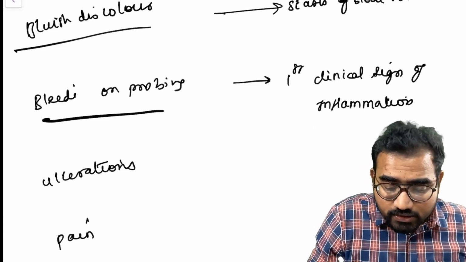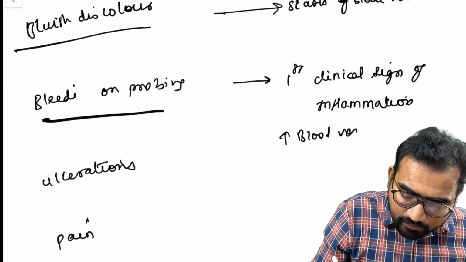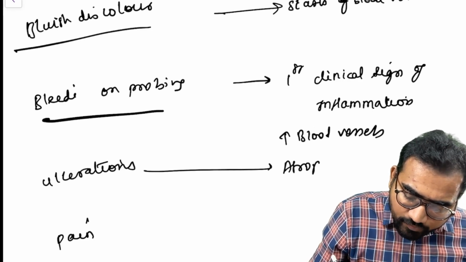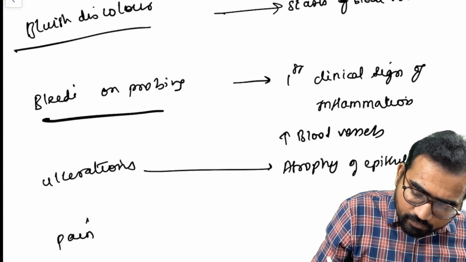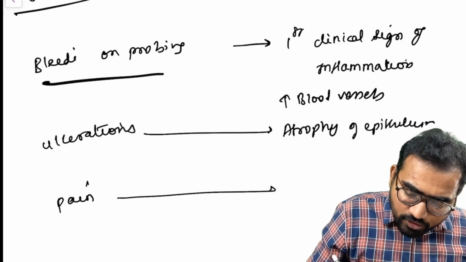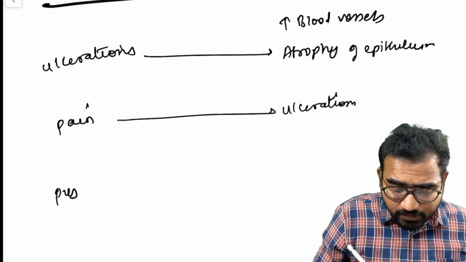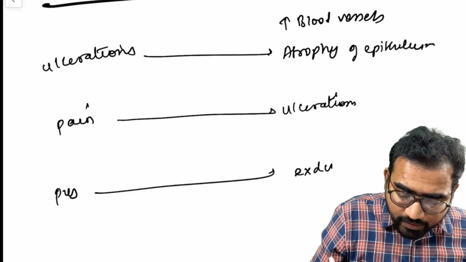Okay, because there will be increased blood vessels. Okay, and also the ulceration is because of the atrophy of the epithelium, and pain is because of these ulcerations. The inner wall of the pocket will be extremely painful, and pus discharge, if there is inflammation, there will be presence of exudate.